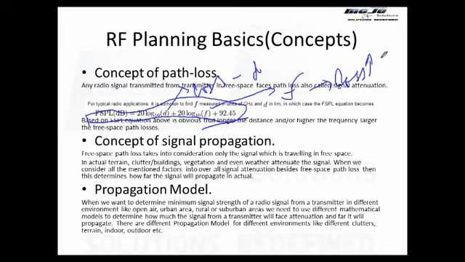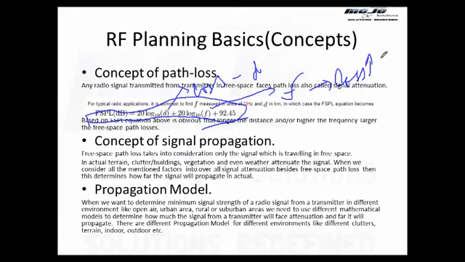Let's say you are transmitting a signal at 800 megahertz and you have a loss of 20 dB. At 1600 megahertz, you will have a loss of 3 dB higher, so a loss of 23 dB.